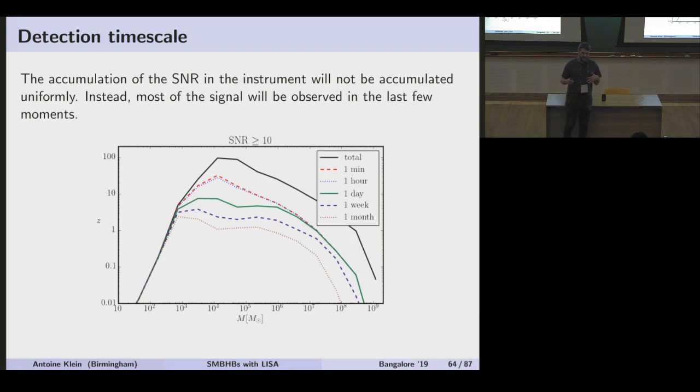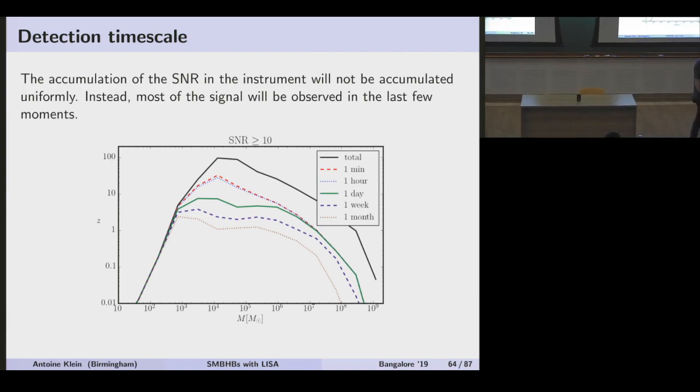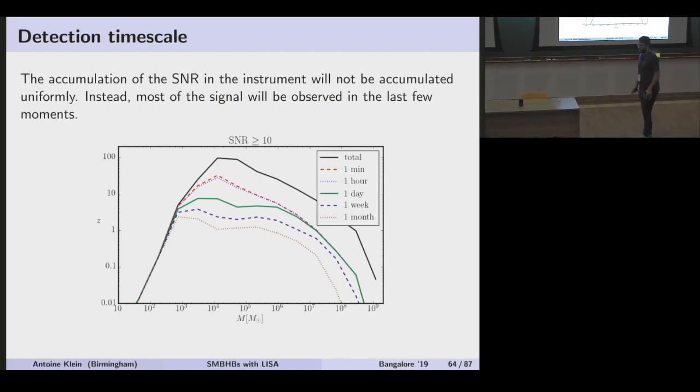For other kinds of signals like EMRIs, extreme mass ratio inspirals, when you have a 10 solar mass black hole falling into a 10 to the 6, you have very, very rich dynamics with resonances between different frequencies, and it's much more complicated to model, and that's why we are more likely to get a higher false alarm rate.